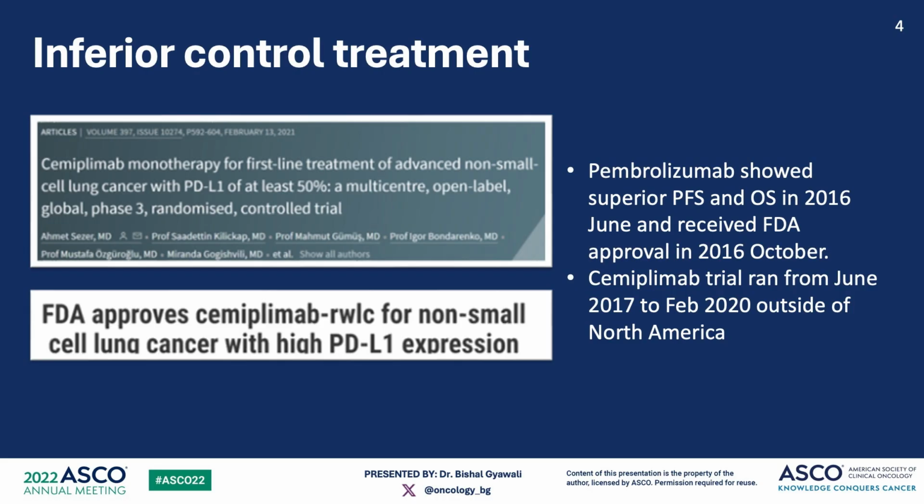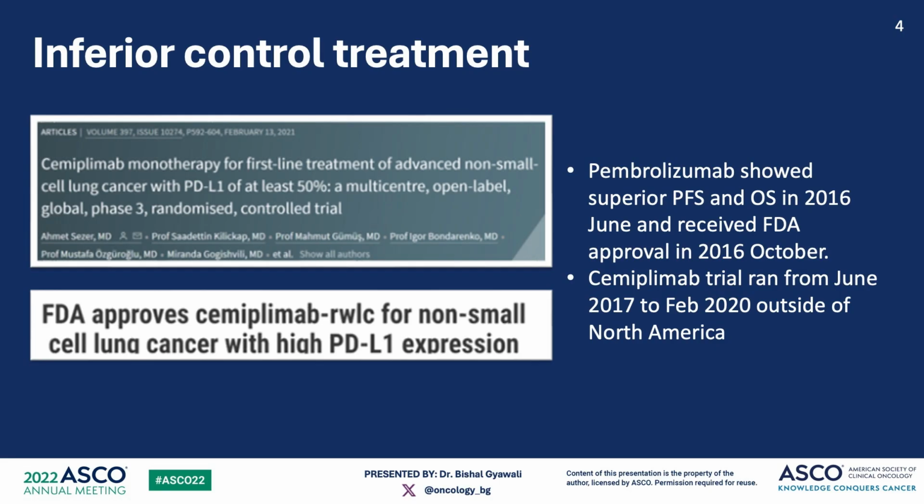So I'll give you an example. First, the category that I talked about was using a drug that has already been proven to be inferior in previous trials. This trial of cemiplimab in patients with non-small cell lung cancer, first-line, PD-L1 of 50% or more, used a control arm of chemotherapy. This trial ran from 2017 to 2020.